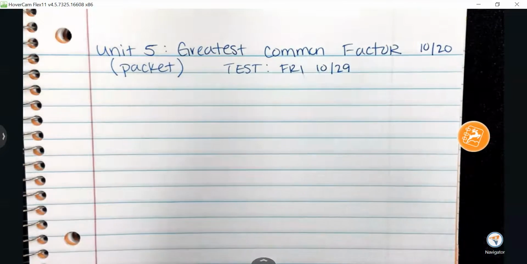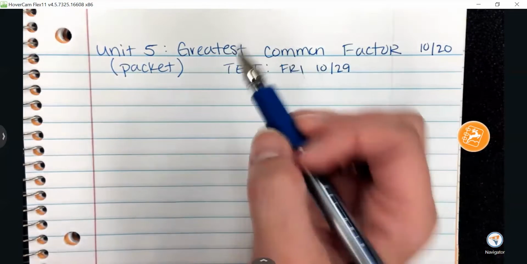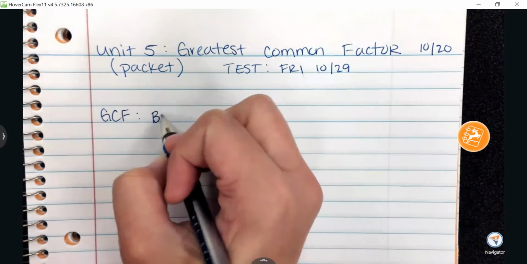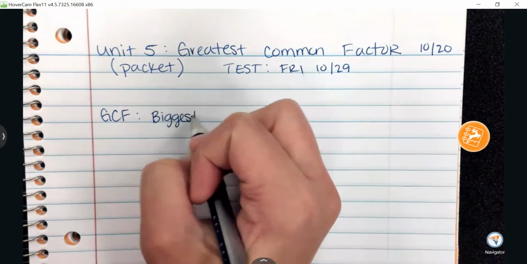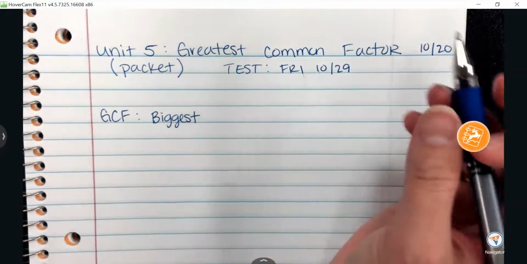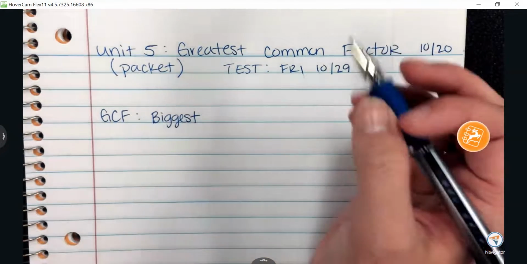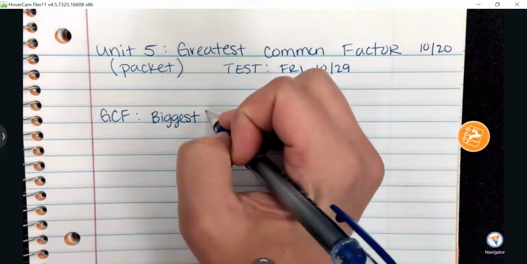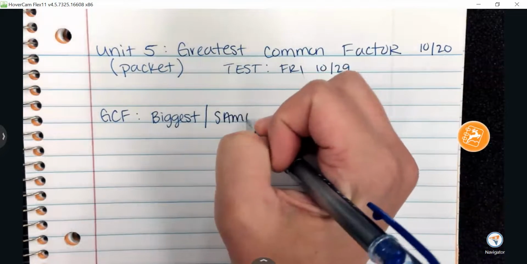When I say greatest common factor, what does that mean to us? What's the greatest common factor? Well, what does greatest mean? So it's the biggest or the largest. Common, what's common? They share, they have the same. So it's the biggest, it's the same.